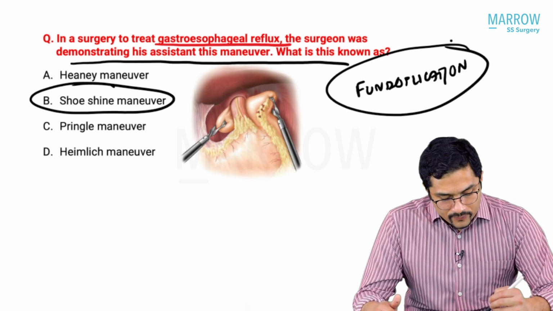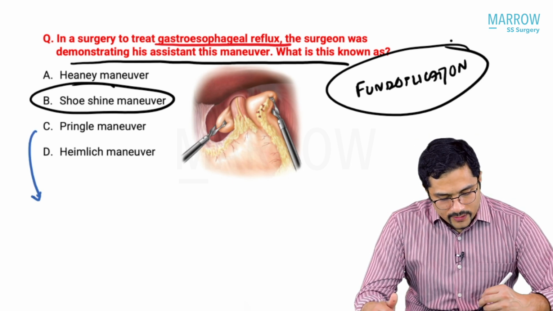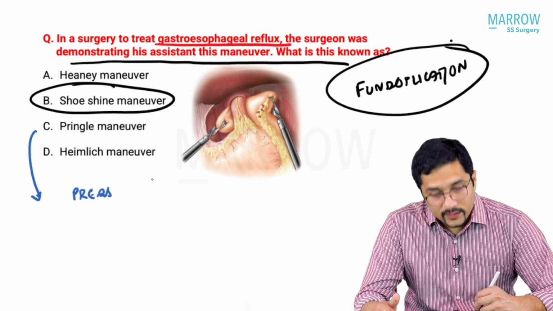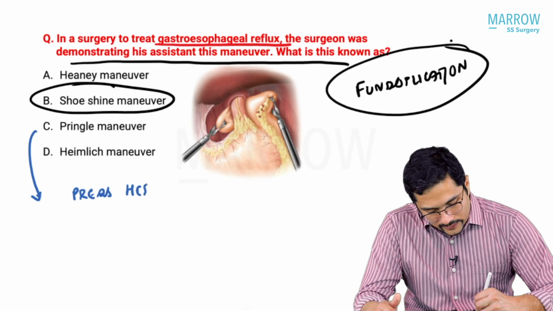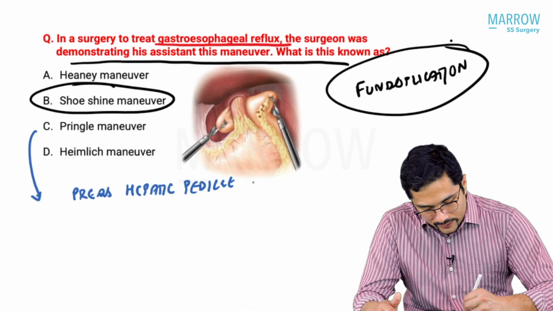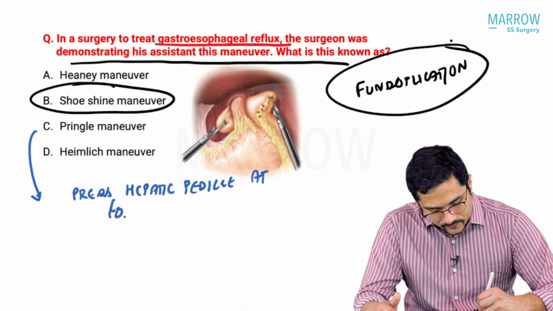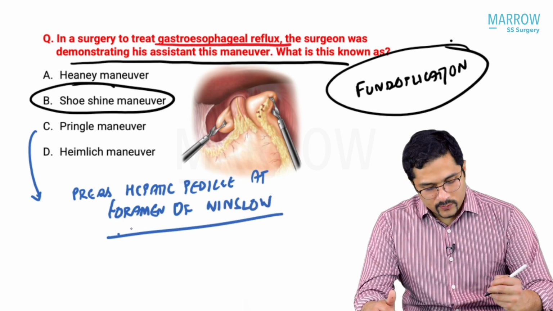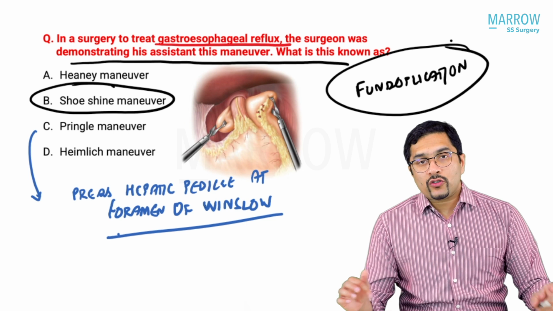Okay. Pringle's maneuver, you know, is when you compress the hepatic pedicle at the foramen of Winslow. And this is usually done when there is hepatic trauma.